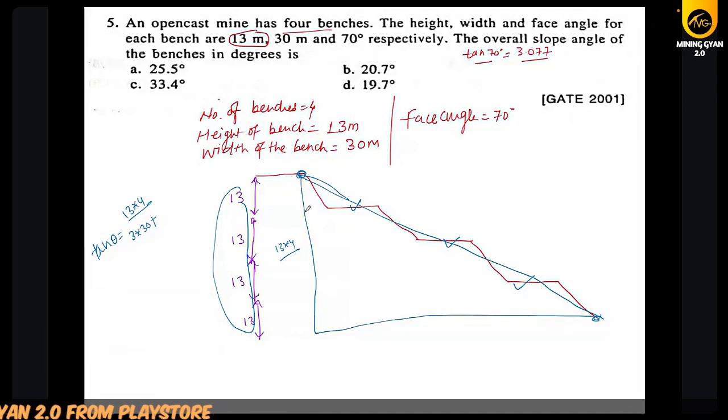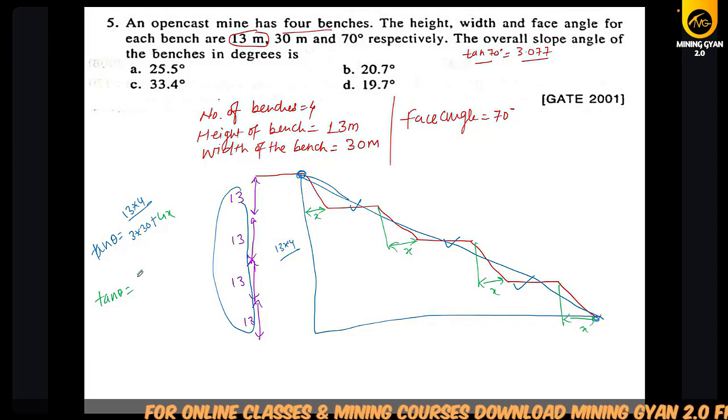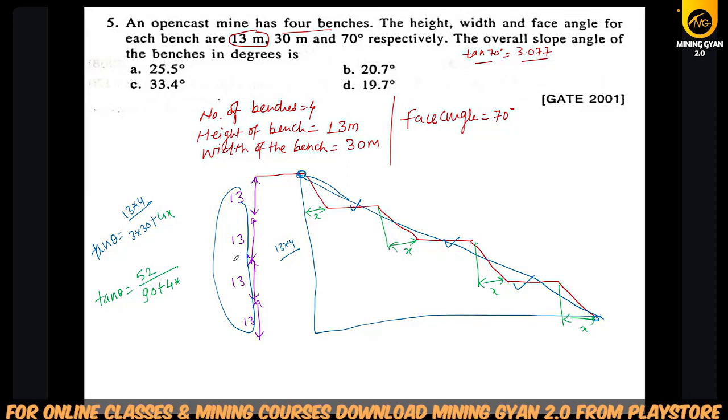This will be x, this is also x, this is also x, this will also be x. So 4x. Then tan theta equals 52 divided by 90 plus 4 multiplied by x.